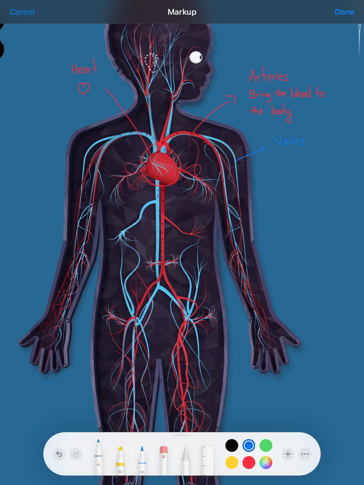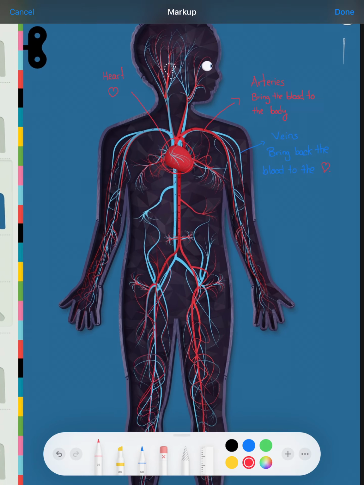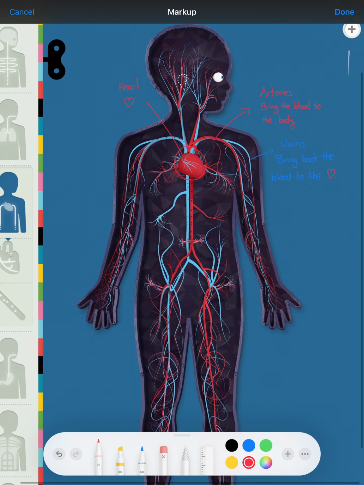The veins bring back the blood to the heart. Les veines ramènent le sang vers le cœur. Okay, I'm just going to show you an example how those things move.